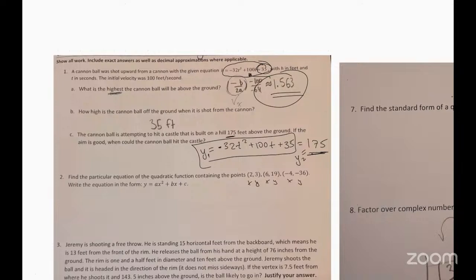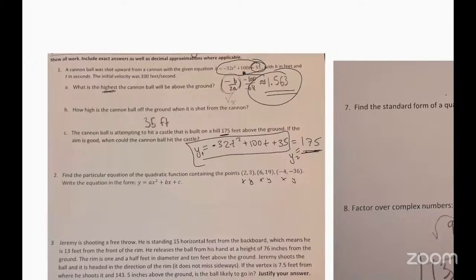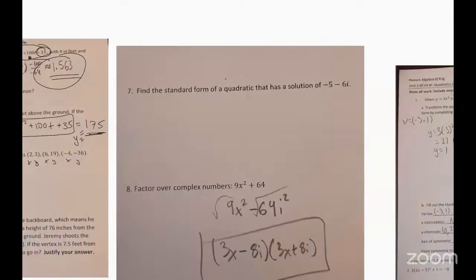So number seven, it says find a standard form of a quadratic that has that solution. Well, if it has that solution, it also has this solution, the conjugate, right? Have you learned this trick?